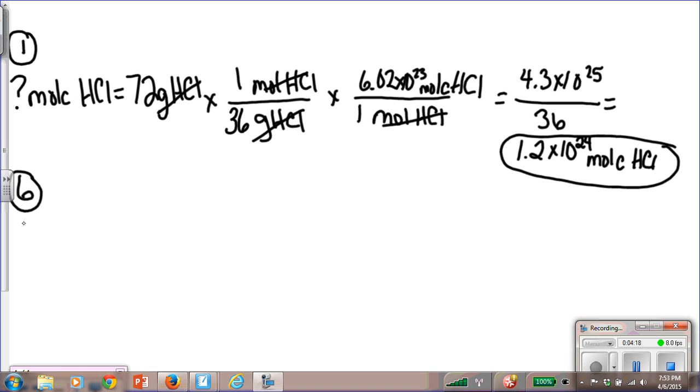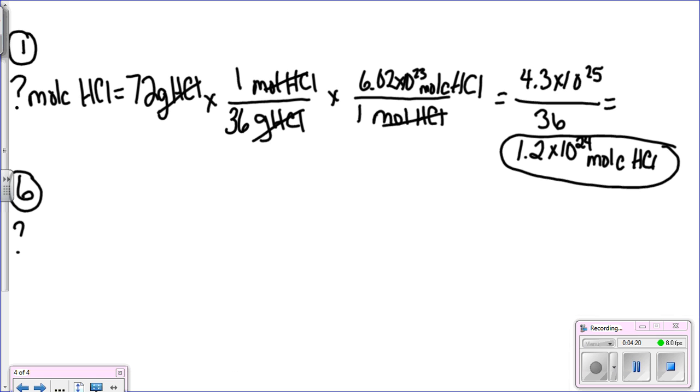So in this problem, we want to know how many grams we have of chlorine, and we are given 6.02 times 10 to the 23rd molecules of Cl2.